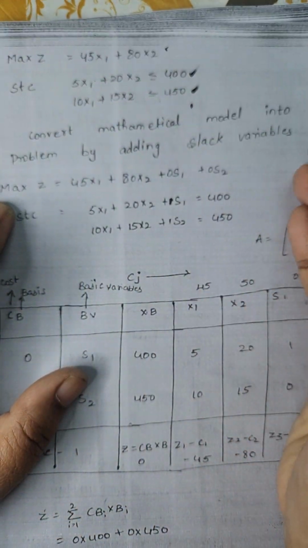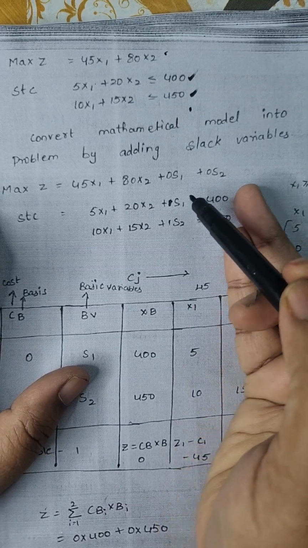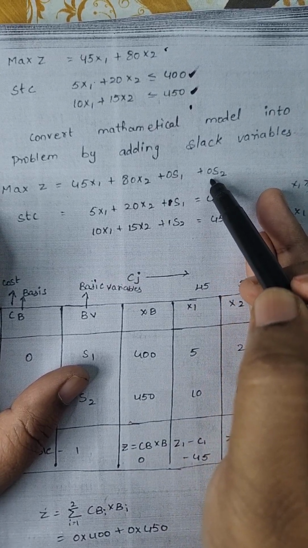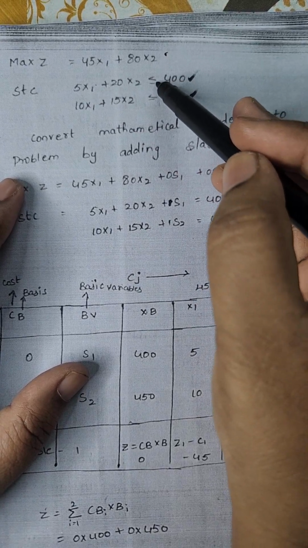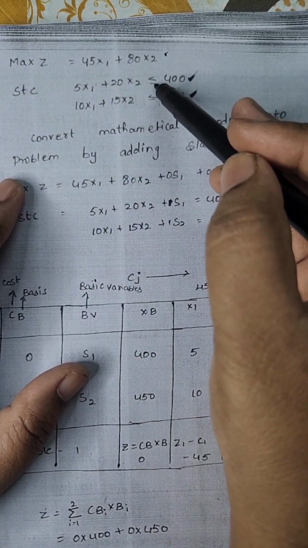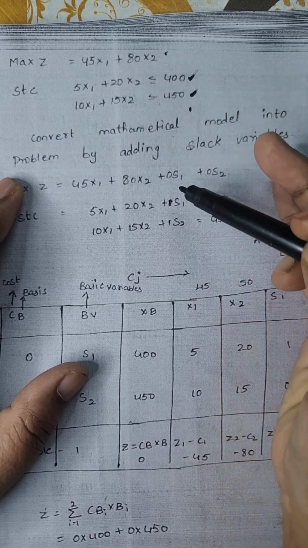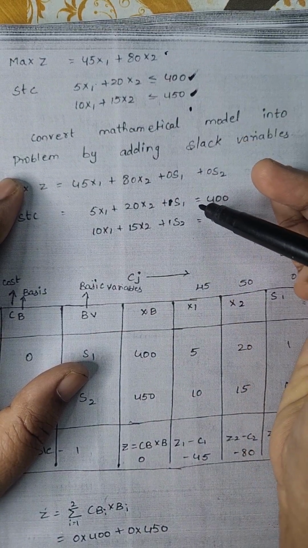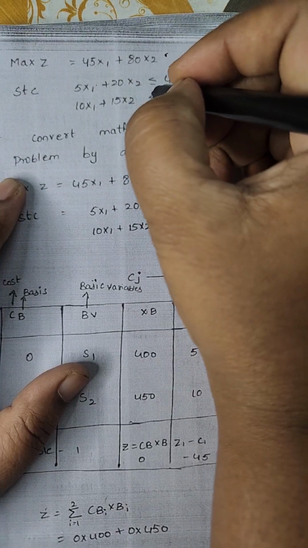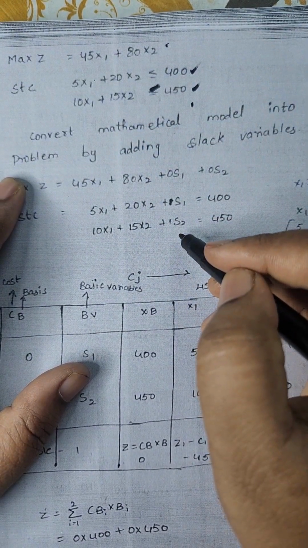Convert the mathematical model into a linear programming problem by adding slack variables. Here s1 and s2 are slack variables. In an LPP, if the inequality is a less than or equal to inequality, then add one slack variable to that inequality and it will become an equation. Here also this is a less than or equal to inequality, so add another slack variable s2.